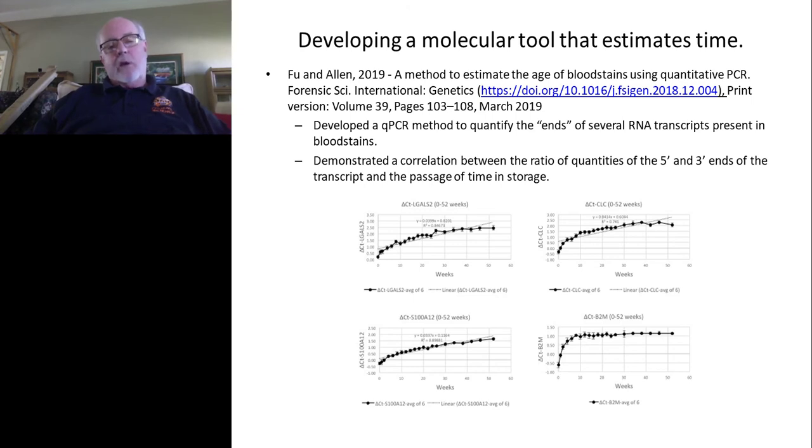We gave these stains to a technologist as unknowns, and then using these curves for, in particular, S100A12, for example, we can plot the delta Cq value of our unknown on this curve and extrapolate, make an estimate of sample age.